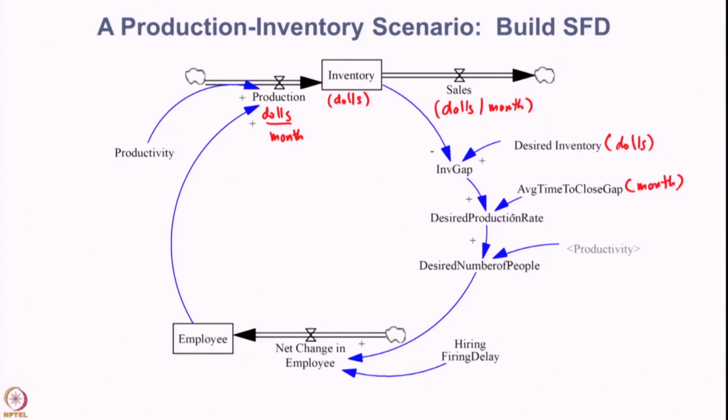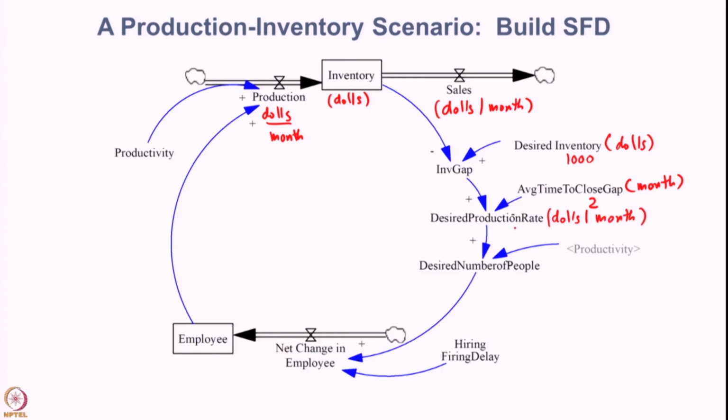We already know the values. The desired inventory value is 1000. Average time to close the gap is given as 2 months. Now, I have an inventory gap and it can take 2 months to close that gap. So, desired production can be defined as inventory gap divided by the average time to close the gap, which is nothing but dolls per month.